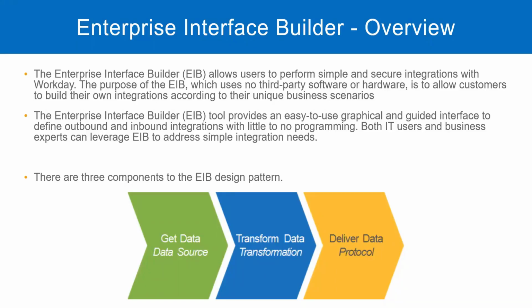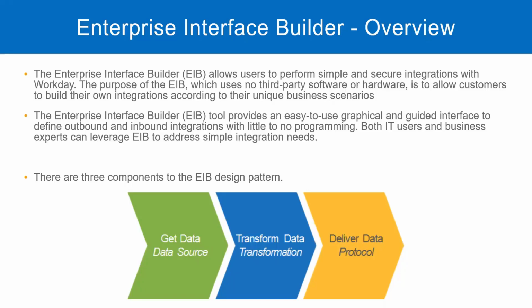Then the second step would be to modify the data, or translate the data or transform the data into a format expected by the recipient. Isn't it? You have to convert it to a format expected by the recipient. That is, transform data. The third step will be to send the data to the recipient or to deliver the data.